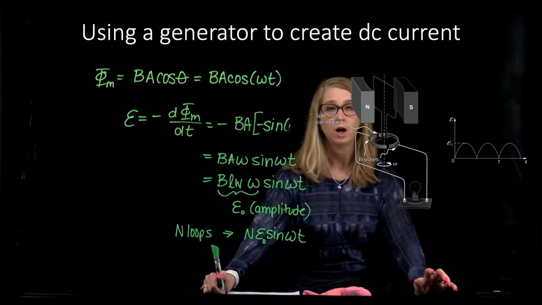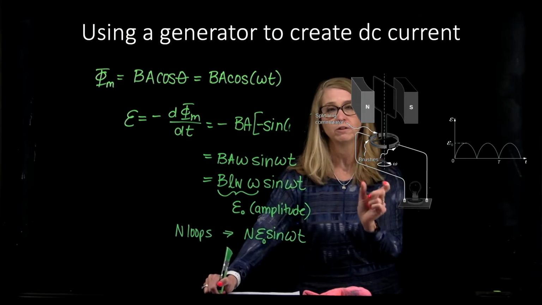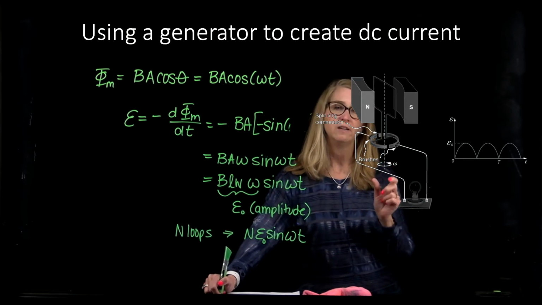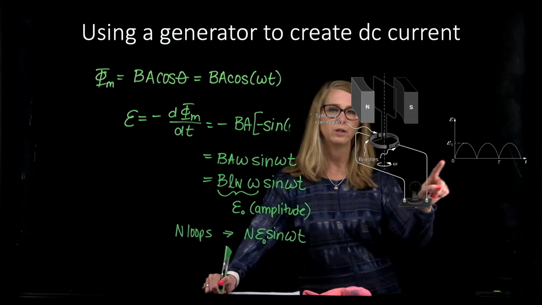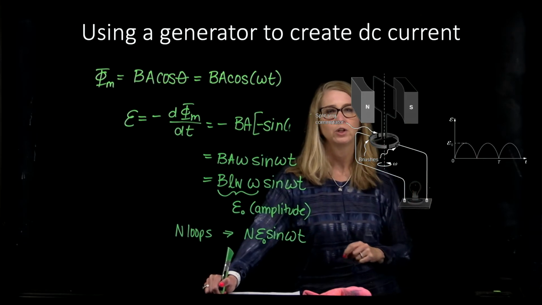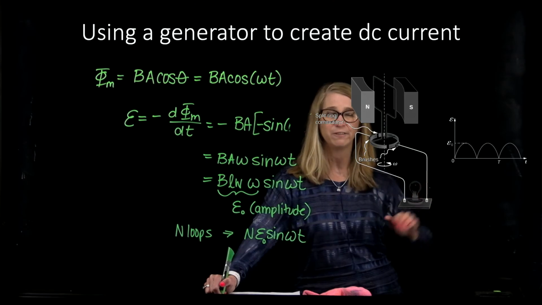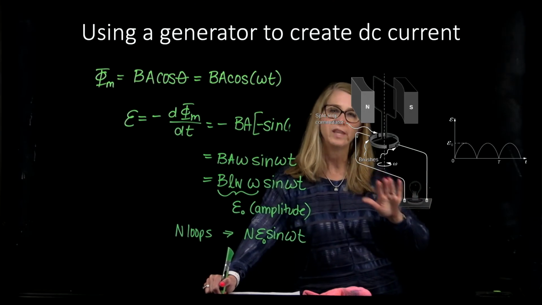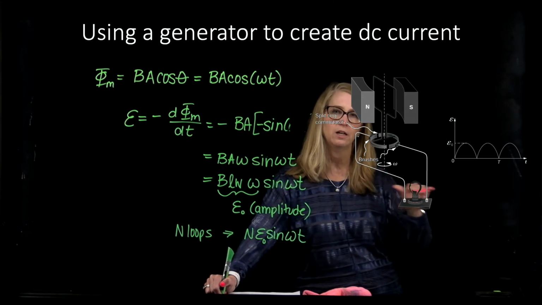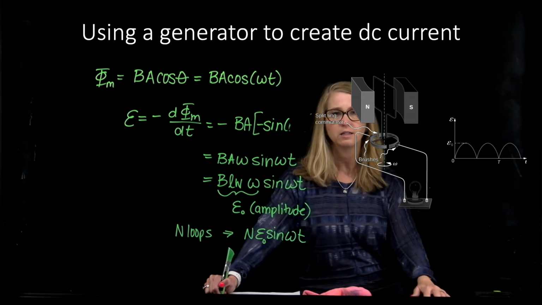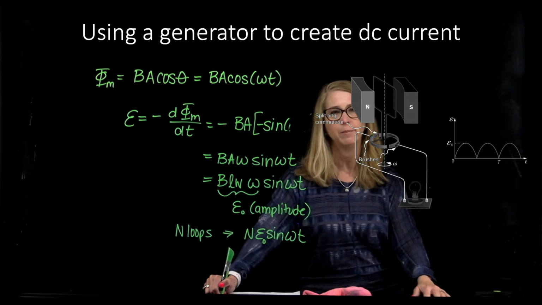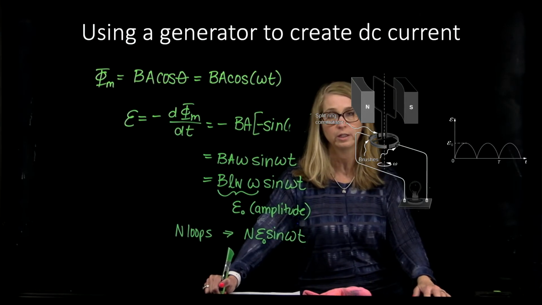But as your book talks about, we could have several of these rings, and if they're just slightly offset so that we create a lot of these curves that are slightly out of phase with each other, when they all add together, we can get a relatively constant output of EMF, which will also allow us to have a constant current coming out.